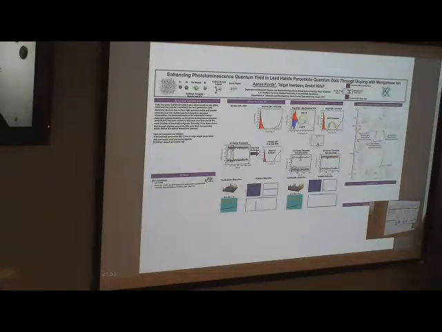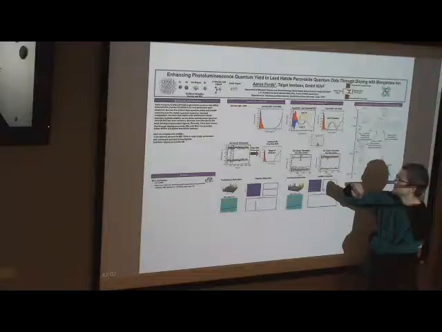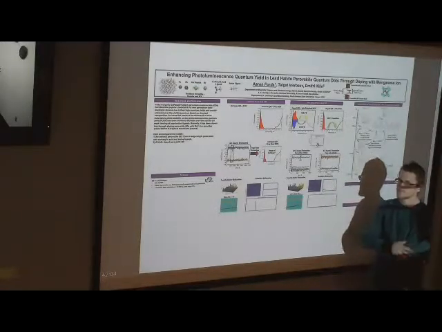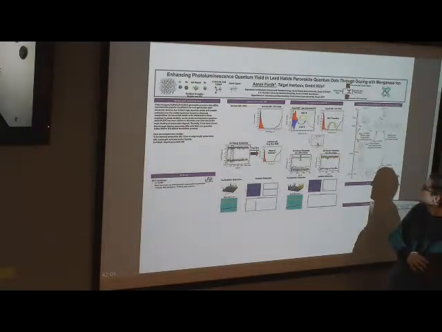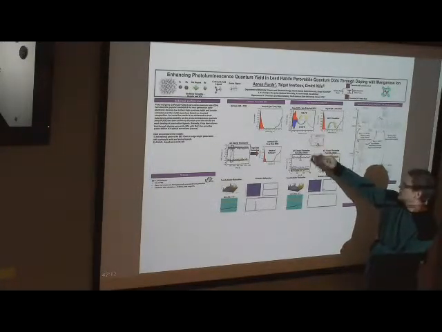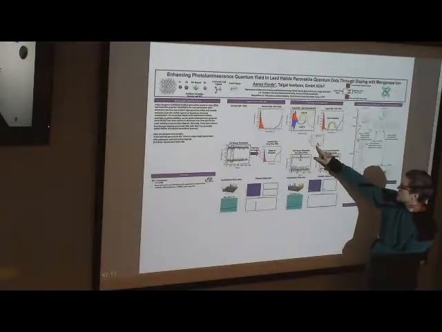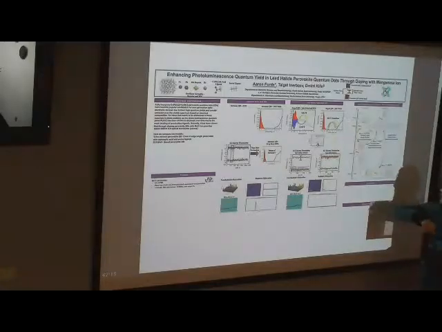We also characterize the probability that those are going to occur through oscillator strength. This plot was a little small. I did this today, so it's kind of hard to see, but basically for the metal-metal transitions, there's a very low probability of them occurring, around 1.8 eV to 2 eV.